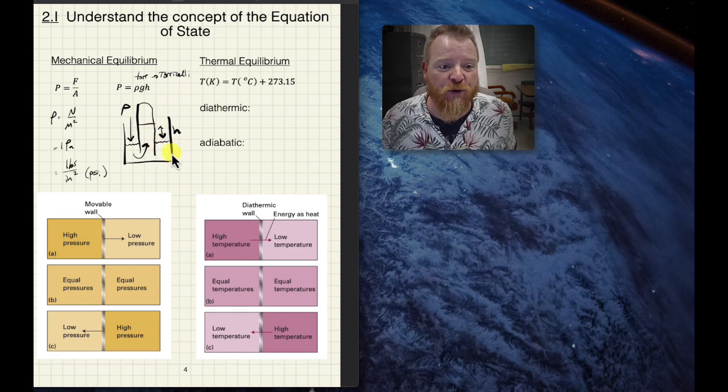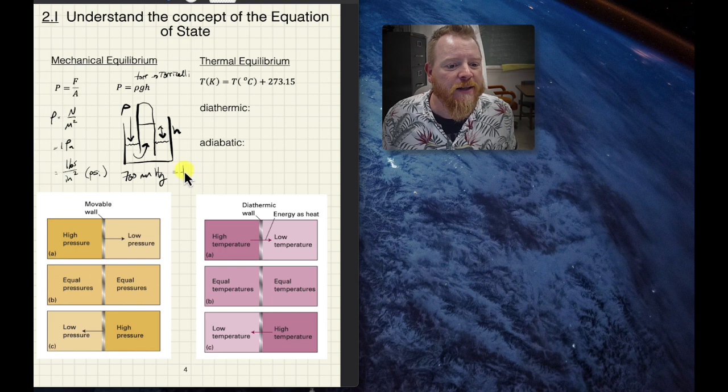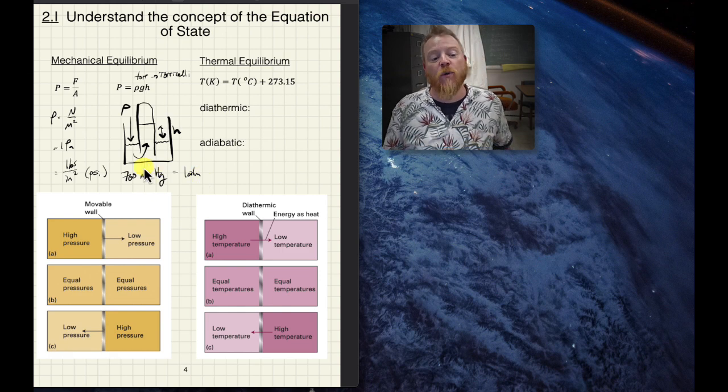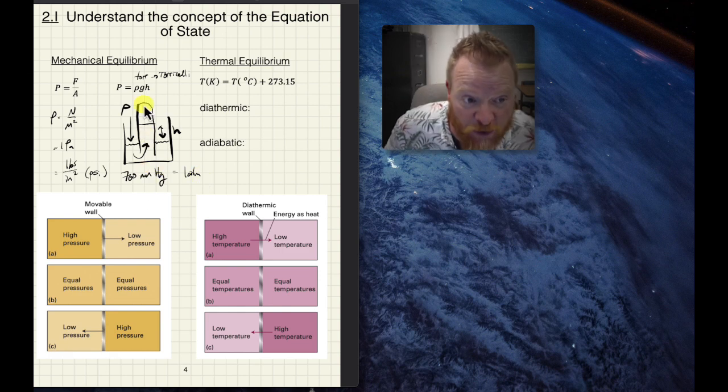Torricelli found if you put liquid mercury in here, it will rise to 760 millimeters of mercury to give you 1 atm, right?